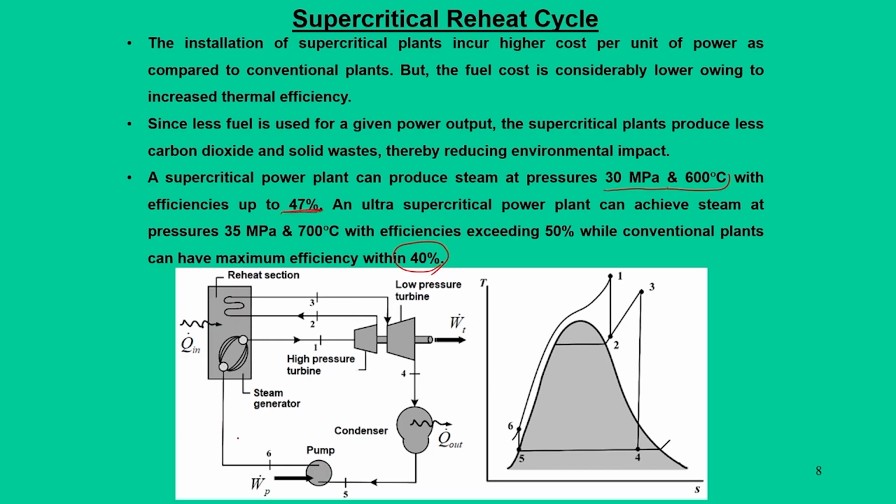Ultra supercritical power plants go beyond such pressures, operating at about 35 megapascal and 700 degree centigrade. For that, we can achieve efficiency up to 50%. So, except for the installation difficulties, supercritical power plants have more advantages as compared to the conventional power plants operating in a reheat cycle.